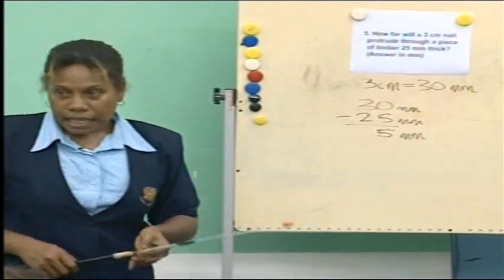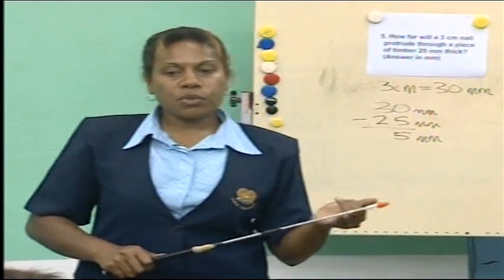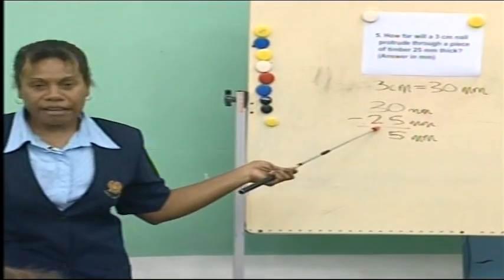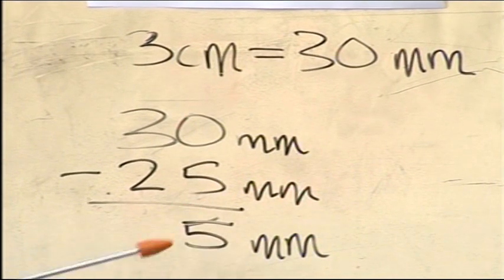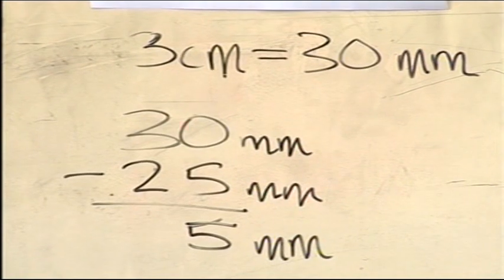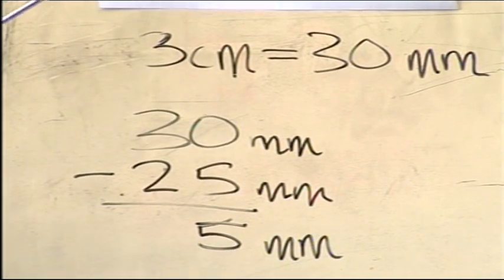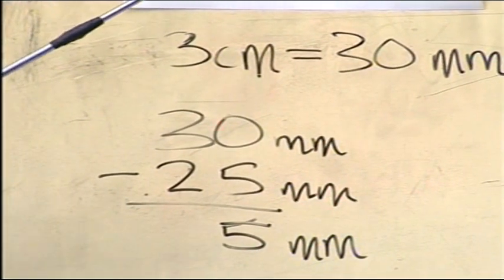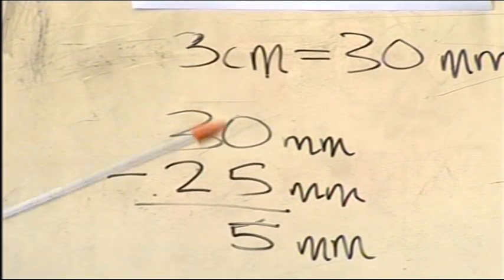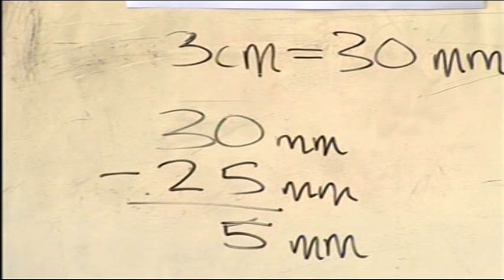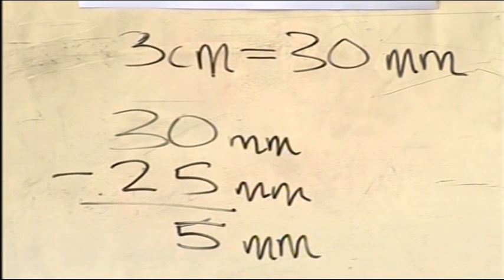So 30 millimeters, I'm going to subtract 25 millimeters. 30 millimeters take away 25 millimeters, and my answer will be 5 millimeters. So how far will a 3 centimeter nail protrude through a piece of timber 25 millimeters thick? 5 millimeters.